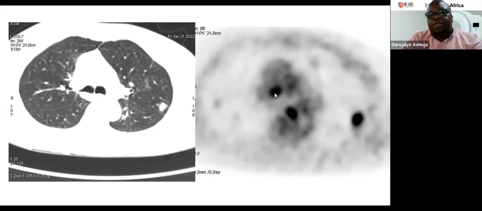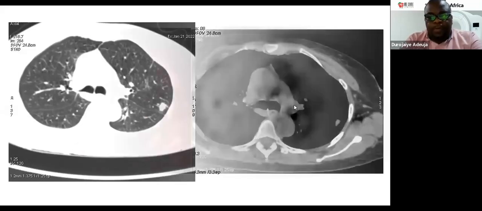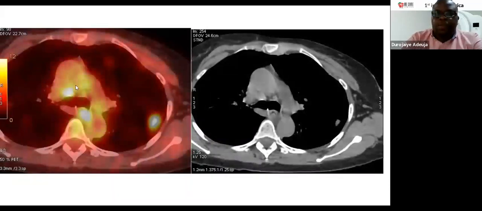Again, we saw these metabolic changes in the region of the mediastinum on the PET images only. Going to the next image, the fused image to our left also demonstrates this area of hypermetabolism. Now, if we come to this CT image only, despite the fact that we gave contrast, it was moderately enhancing at this region.